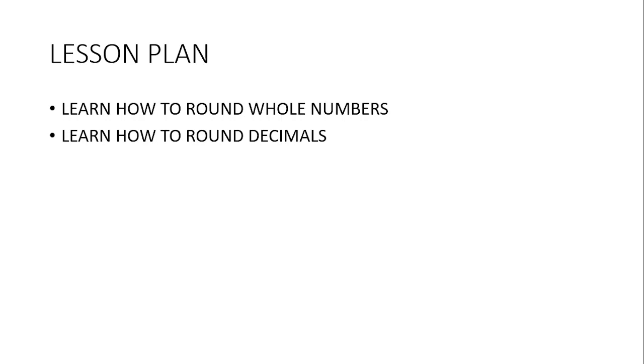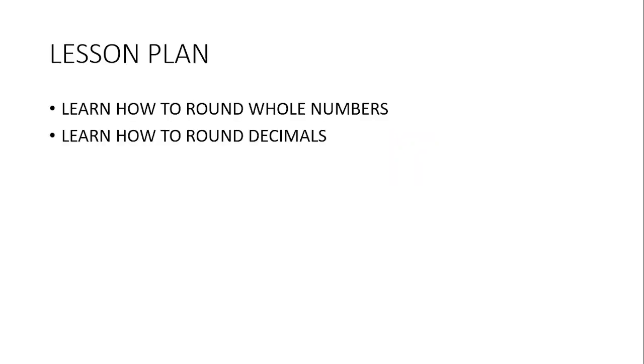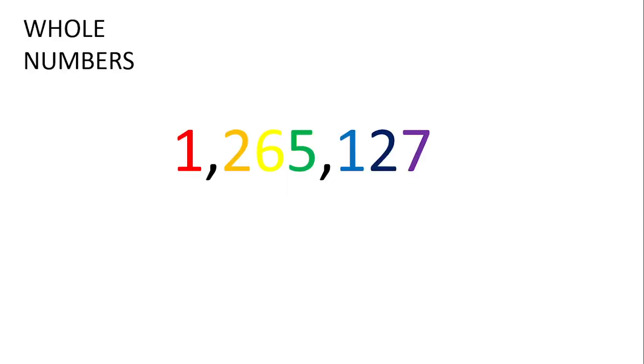Okay, so the first thing we're going to look at is whole numbers. You'll notice each one of these numbers has a different color to it. I did that to color code things, because if we look over here, we can see that we have 1,265,127.